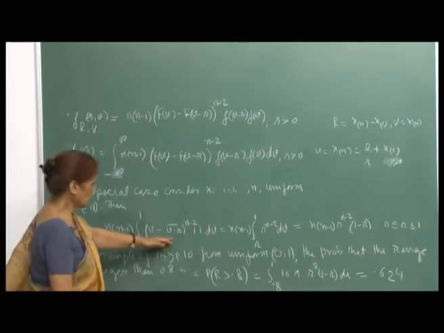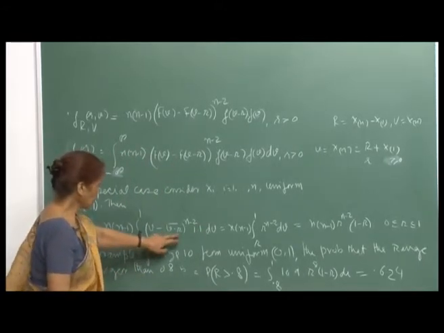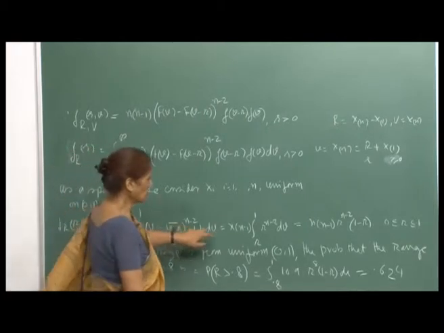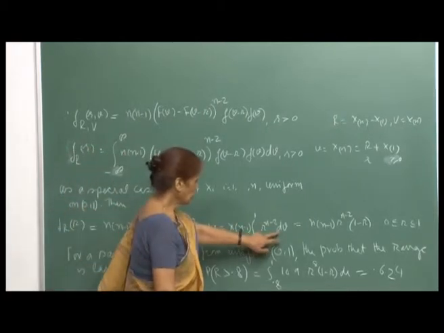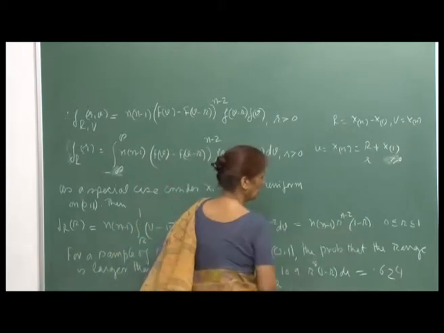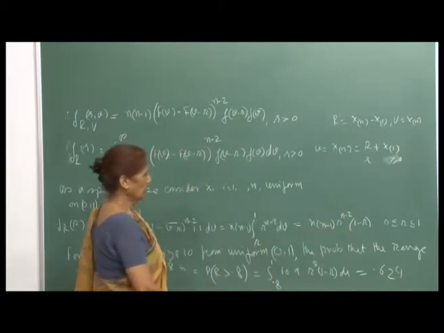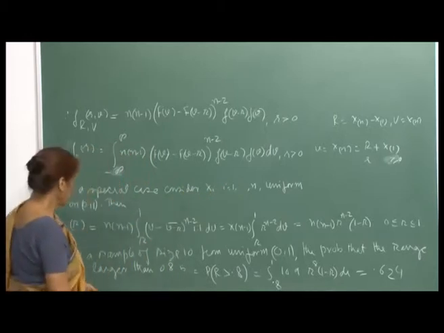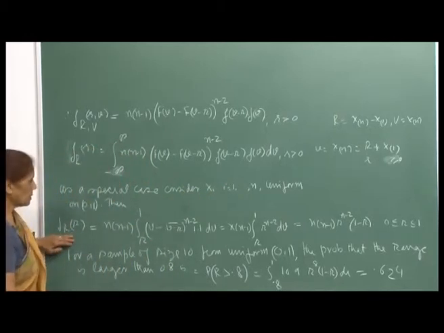You can see the simplification: V cancels out, this is r raised to n minus 2 dV. So the integral here will be V from r to 1, which is 1 minus r. Therefore, this is your PDF for the range.